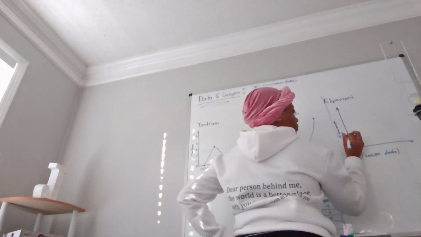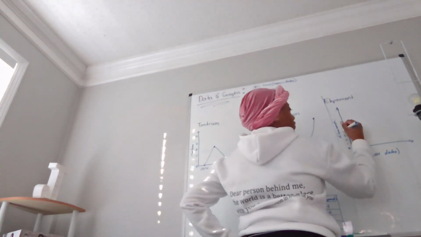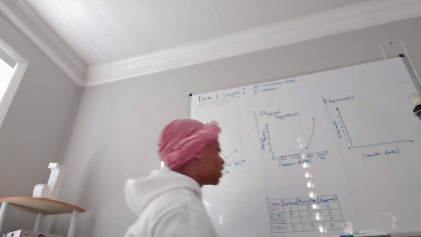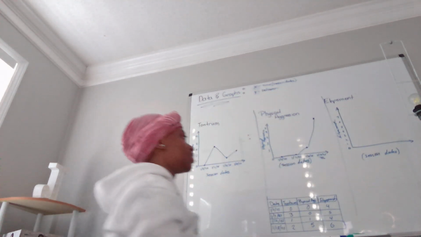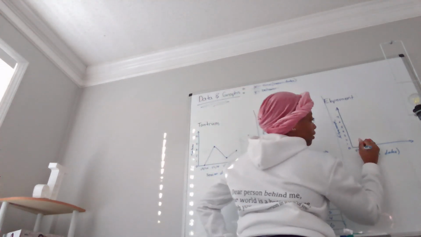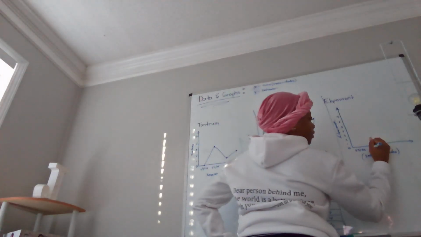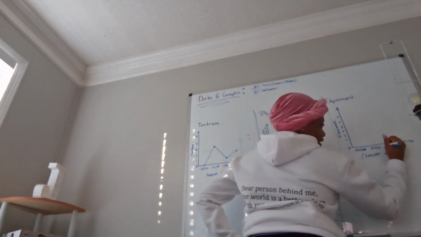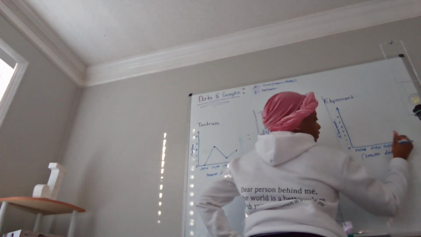So we'll do 1, 2, 3, 4, 5, 6, 7. When we put the dates down there, we're going to do 5, 7, 16, and 18.